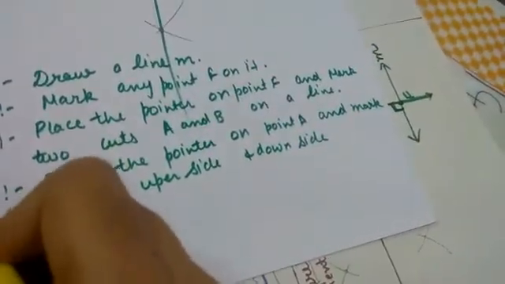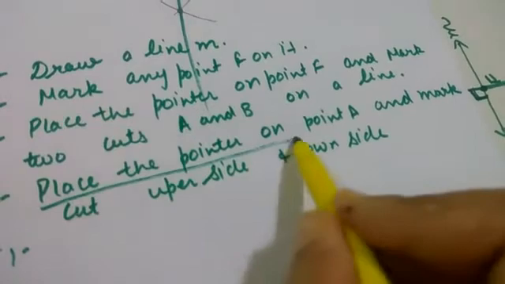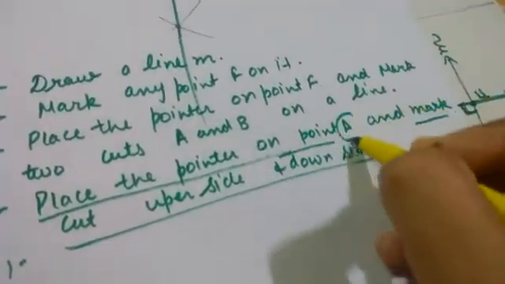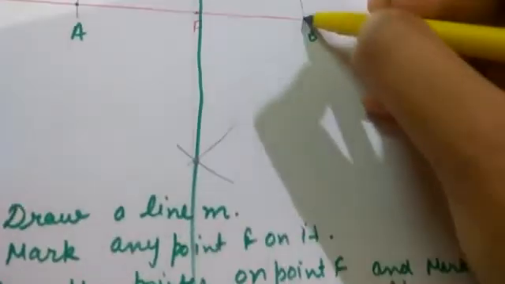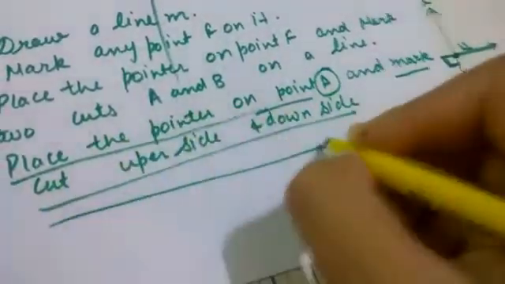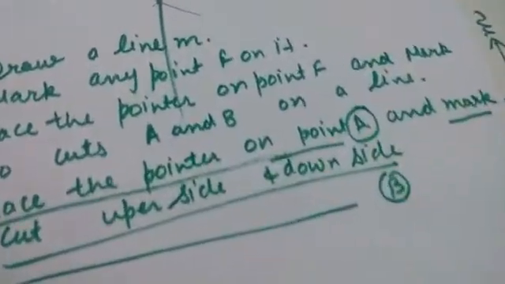Step number 5. Step number 5 is quite similar to this step number 4. All lines you have to write the same. I am not going to write it. In place of A, now you just have to write B, because now we have to open the compass like this way and mark the cut like this way. So everything should be the same. Just in place of A you have to write B, nothing else.